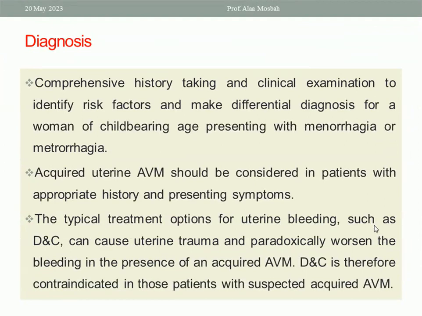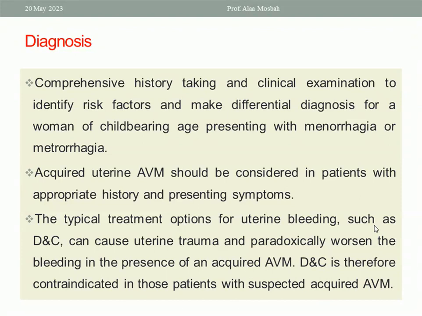What about the diagnosis? Comprehensive history taking and clinical examination to identify risk factors and make a differential diagnosis for women of childbearing age presenting with abnormal uterine bleeding in the form of either secondary postpartum hemorrhage, menorrhagia, or metrorrhagia. Acquired uterine arteriovenous malformation should be considered in patients with appropriate history and presenting symptoms, as I mentioned before.